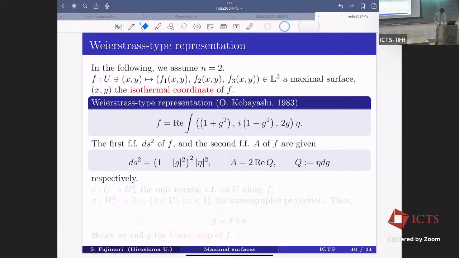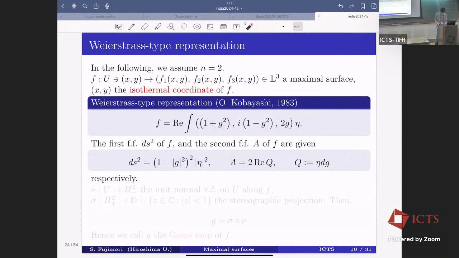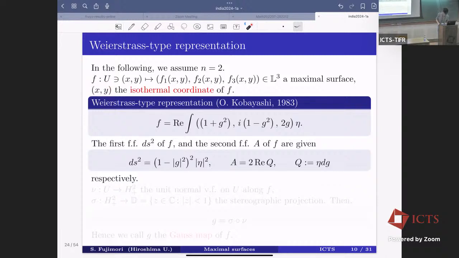Let U be a domain in R2 and F a maximal surface, and assume that x, y are isothermal coordinates of F. Then, very similar to the minimal surface case, we have this representation formula.